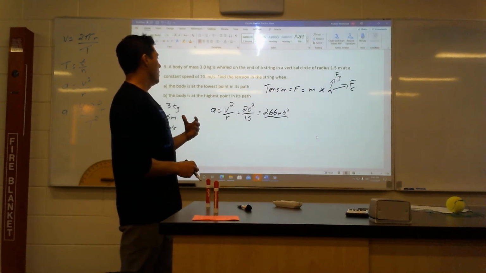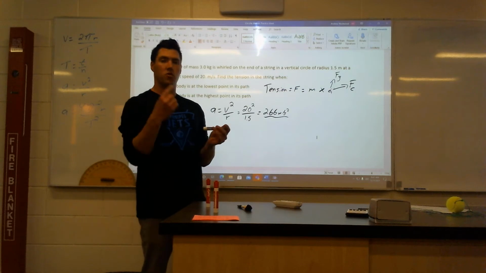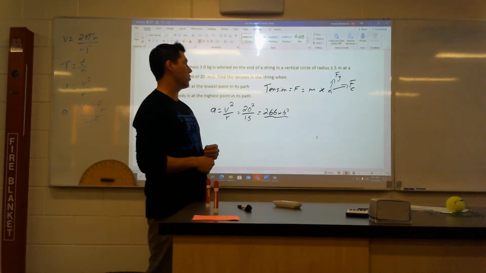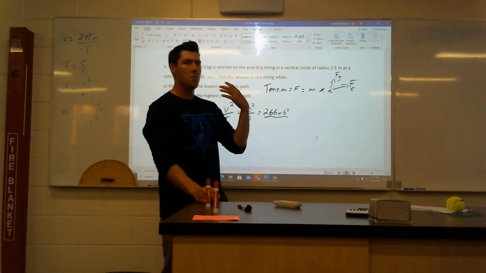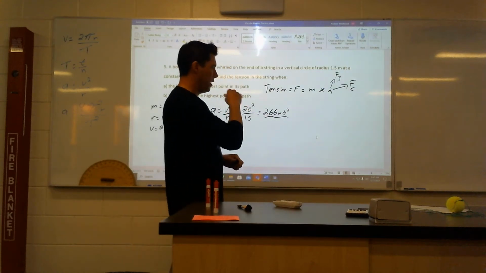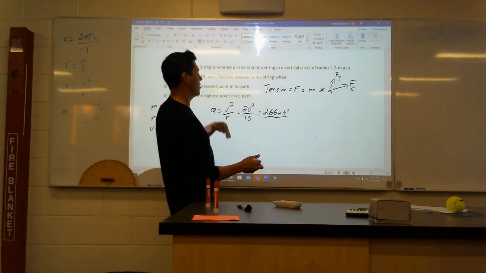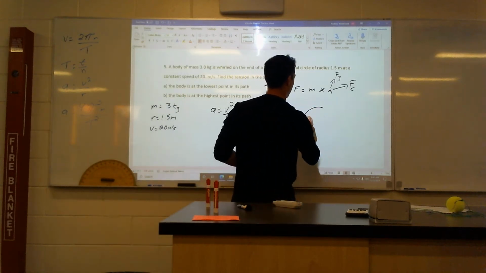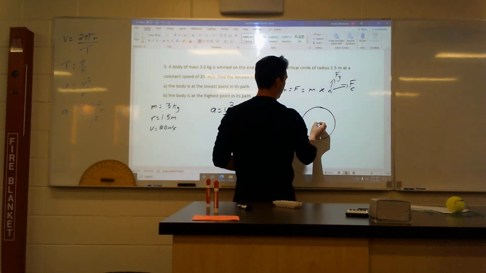Okay, so let's now think about this. If this was horizontal, if this thing was just going horizontally, all I'd have to do is take this acceleration times mass, and I'm done. Because this thing is going vertically, let's try and draw this out. It says when the body is at its lowest point, so I'm going to draw a circle here. Here's the string, here's our radius.